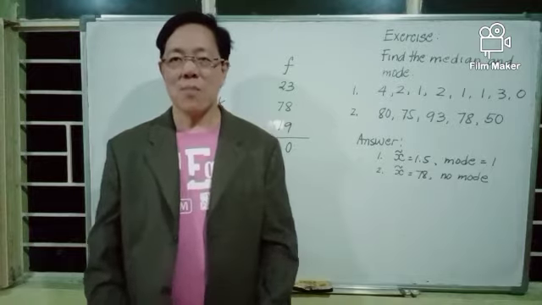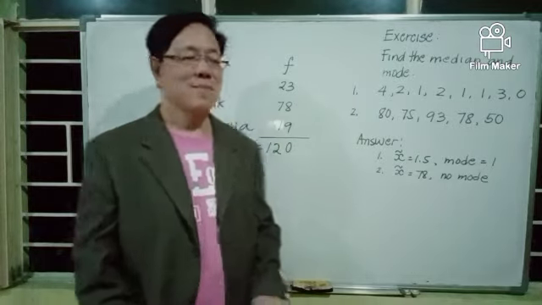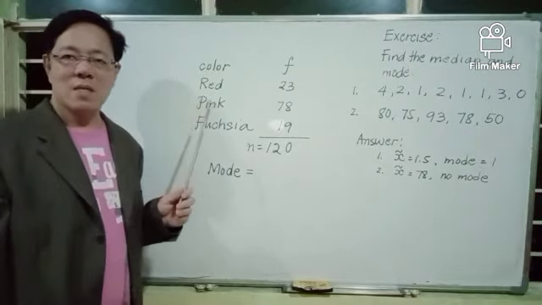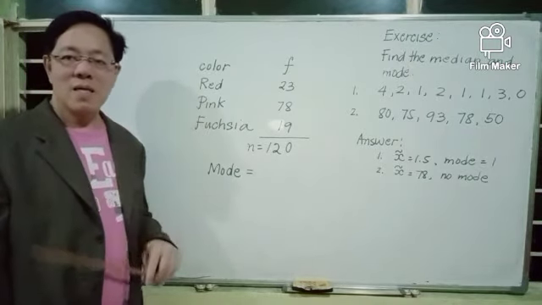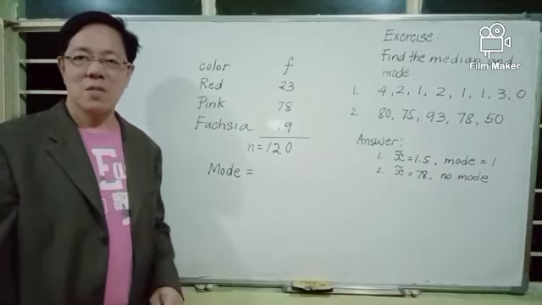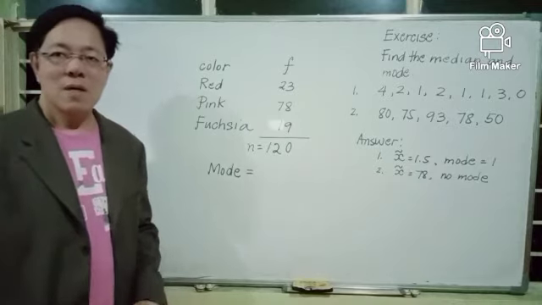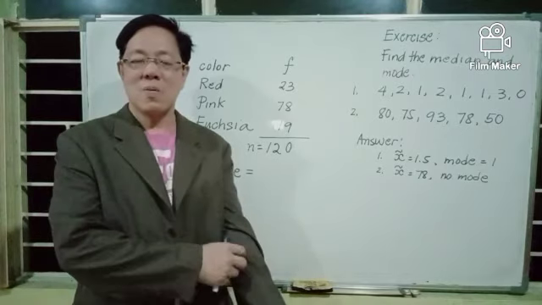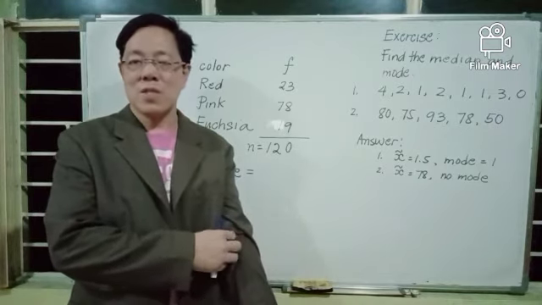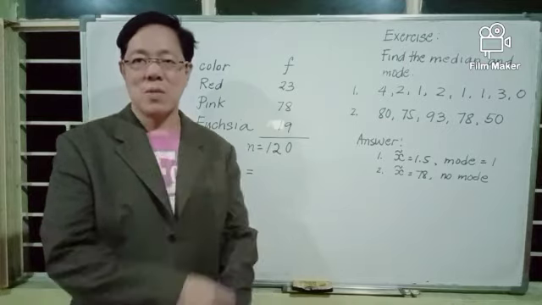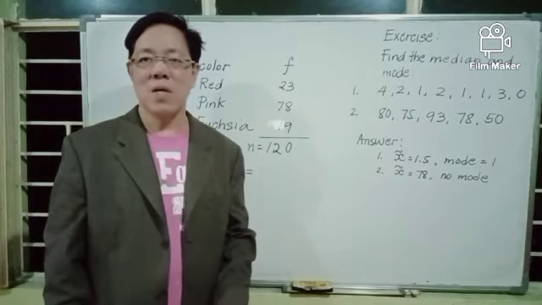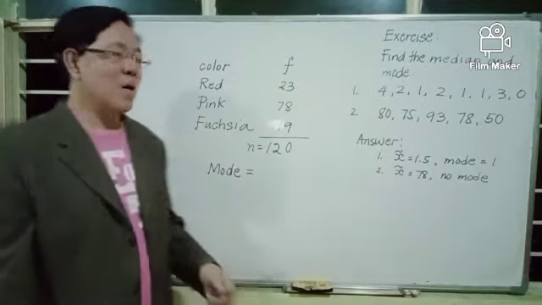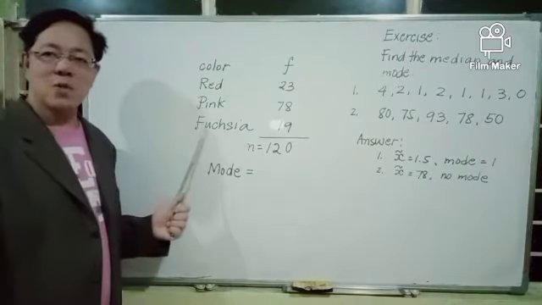For our example, consider the following. This is a very simple frequency table. A set of medical technology students participated in a survey intended to determine the preference of the medtech students about the color of their uniform. And the choices for the color of their uniform are red, pink, and fuchsia.